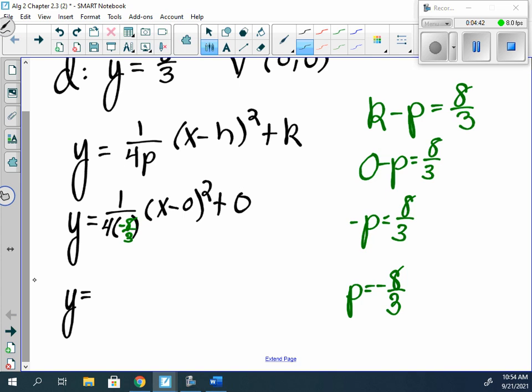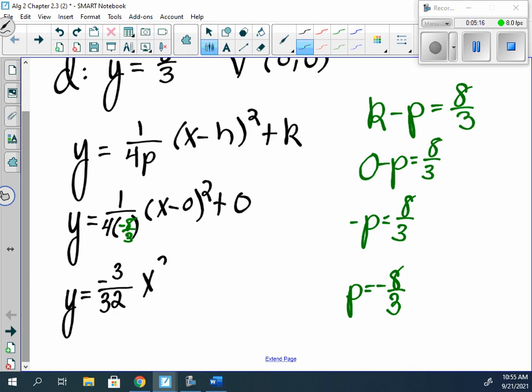At this point, I would just plug that into the calculator: 1 over 4 times -8/3. Because we can plug that in and it would give us the answer, which I think is negative 3/32.